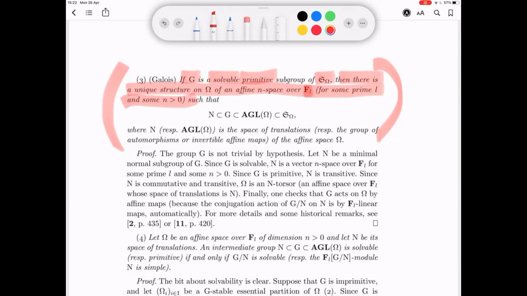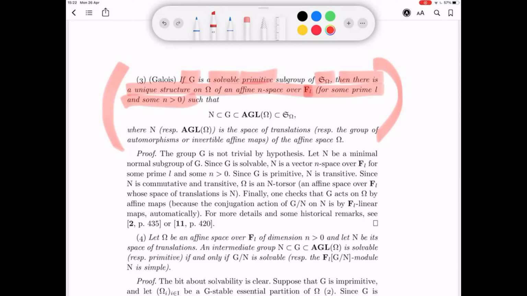And of course, you have the notion of finite dimensional vector spaces over your field F. Take some such vector space, call it V. Now, an affine space over F with V as the space of translations is just a set on which this V acts simply transitively.